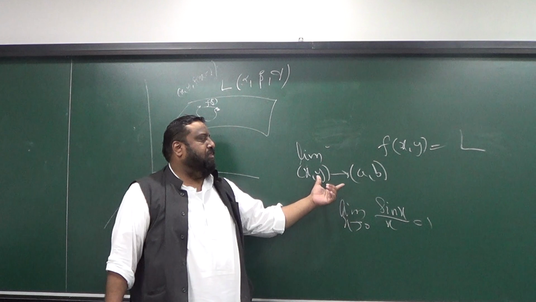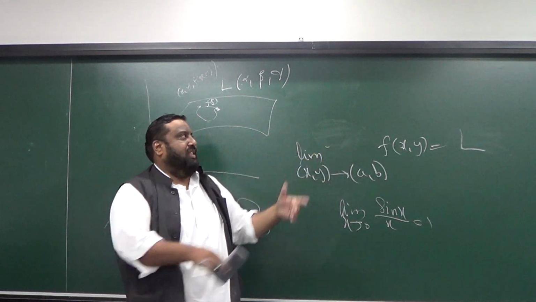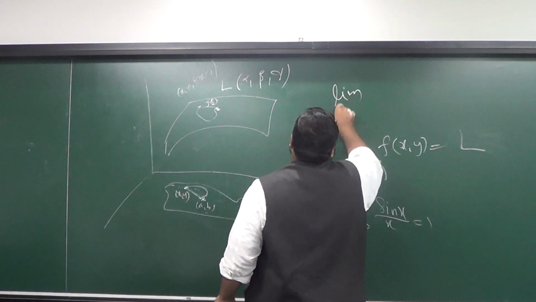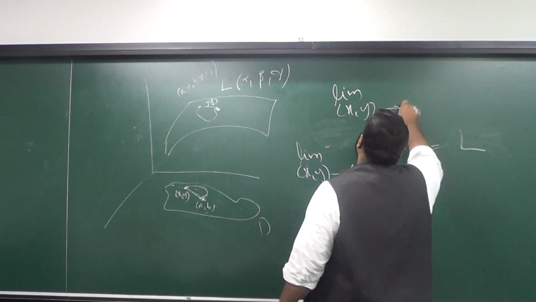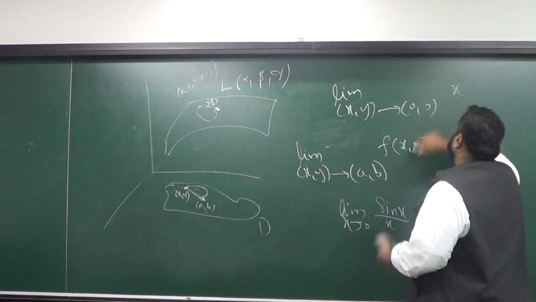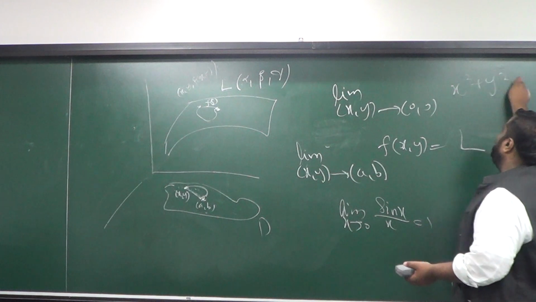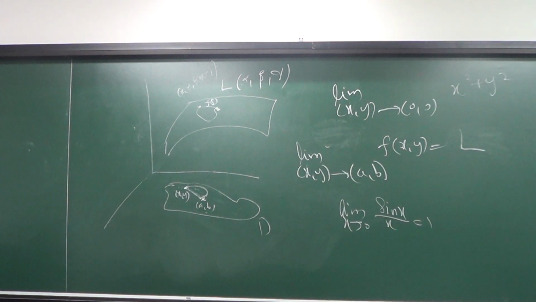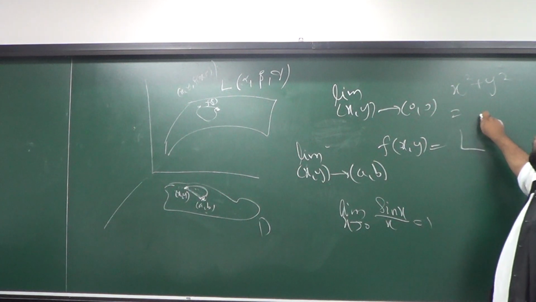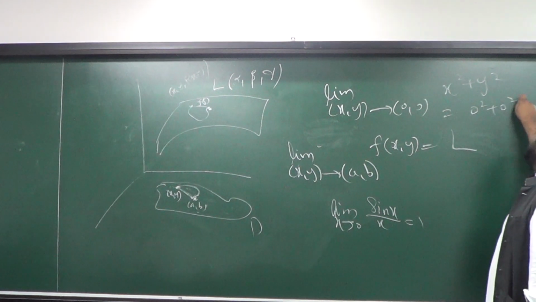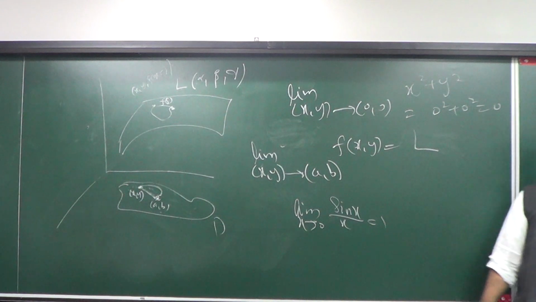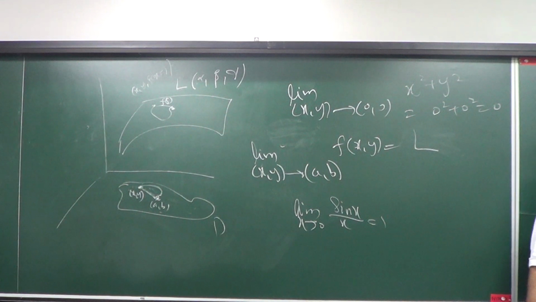If you are able to compute it directly, for example, if I have the limit as (x, y) goes to (0, 0) of x squared plus y squared, then you would say that this is 0 squared plus 0 squared equal to 0, for some strange reasons.